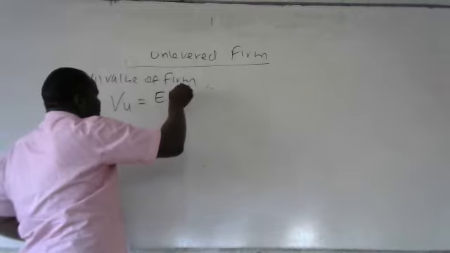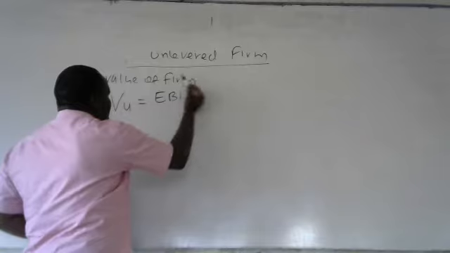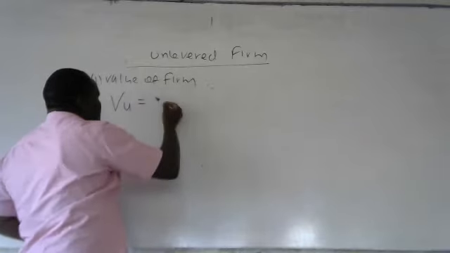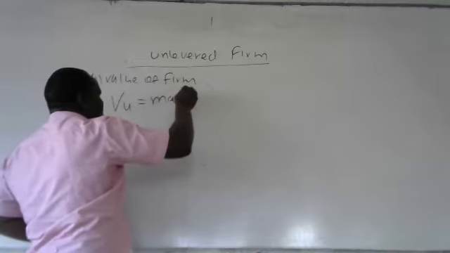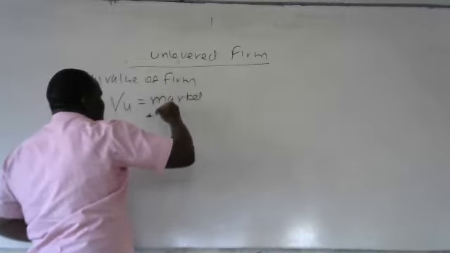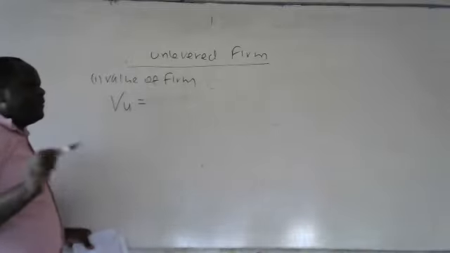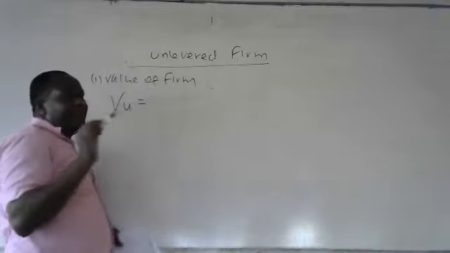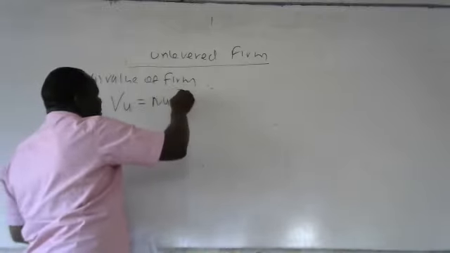earnings before interest and tax. Sorry, for this one, we shall still use the market value of equity. We already have it, but we don't have the cost of equity. We still use the number of shares.